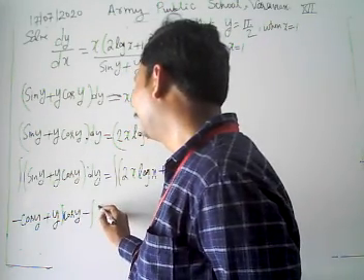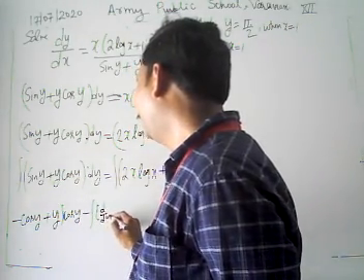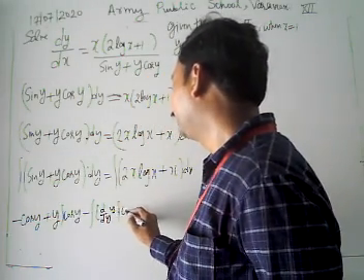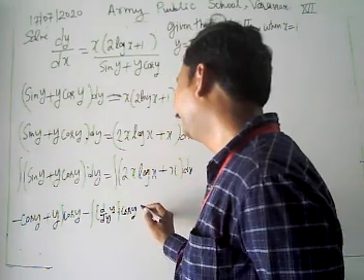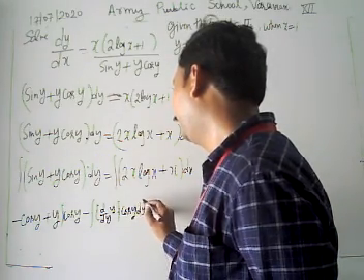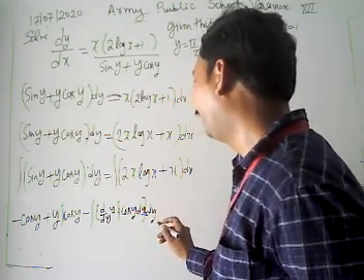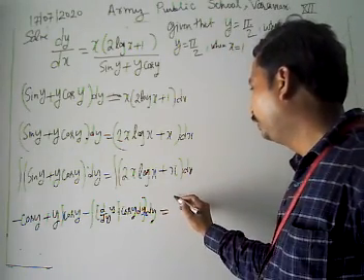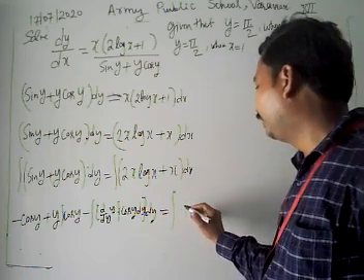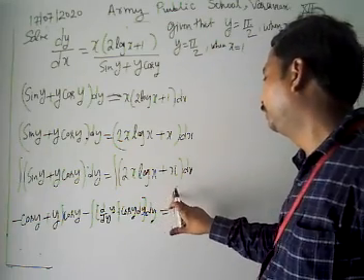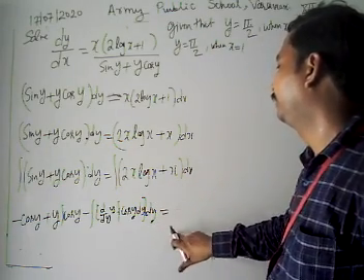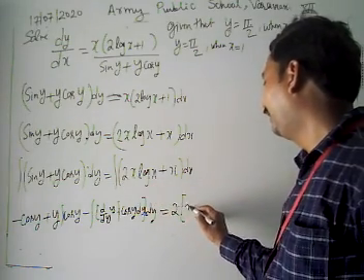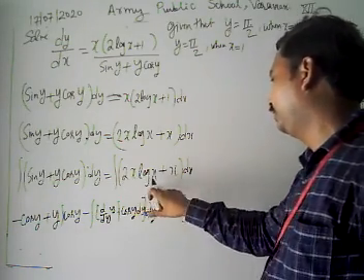minus integration of the integral of cos y dy, equal to integration of 2x log x. Let's take 2 common, then x log x.